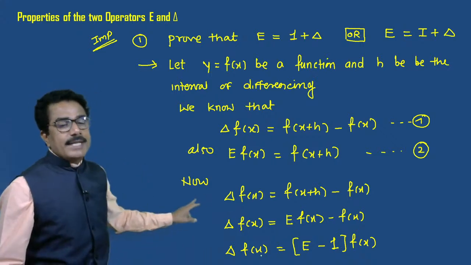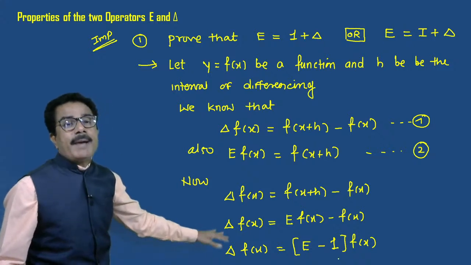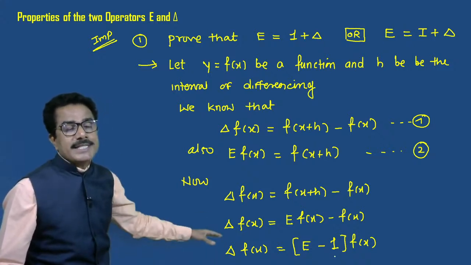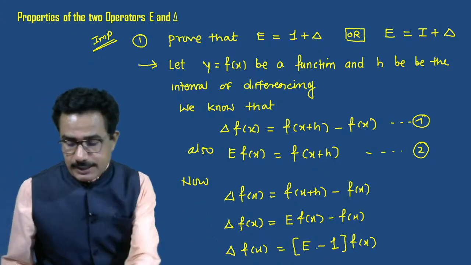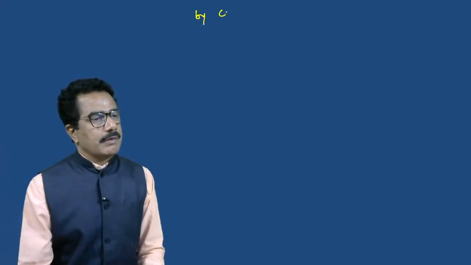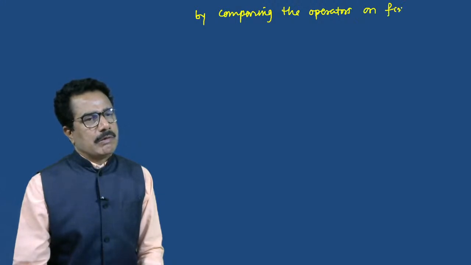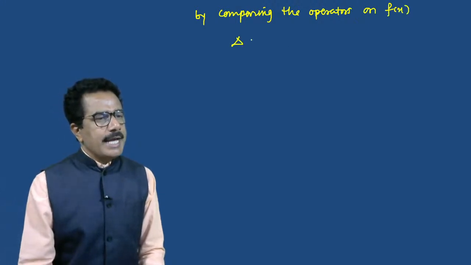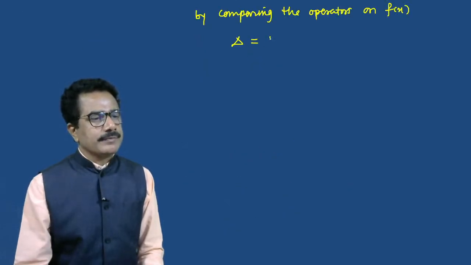So by comparing, here delta is an operator on f of x, E minus 1 or E minus I is also an operator on f of x. So by comparing the operators we have delta is equal to E minus 1.